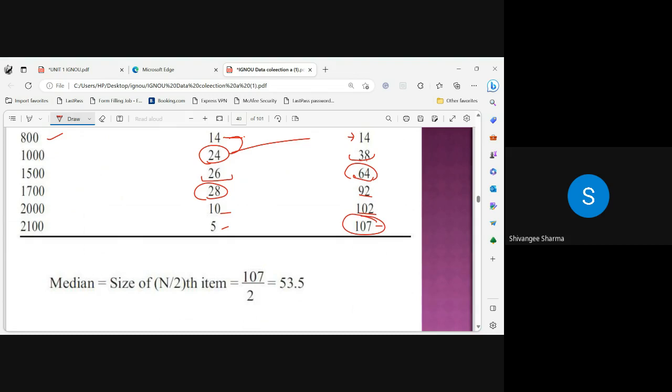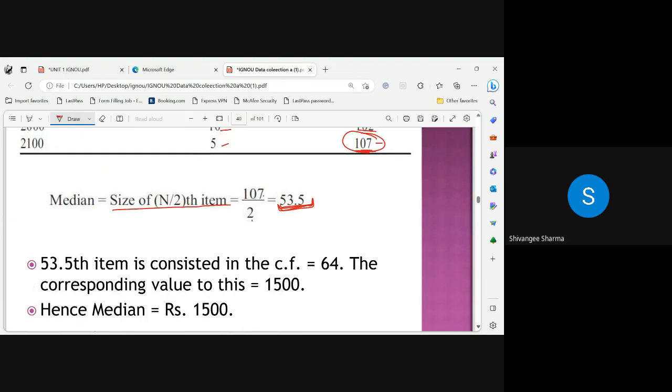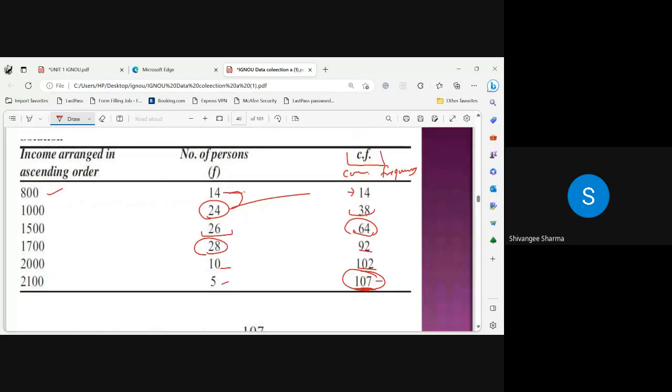Now you have to identify the median, which is the size of the n by 2th item. Here n is 107. You divide 107 by 2, which is 53.5. Now you locate the cumulative frequency where this 53.5 will come. So here it is 14, then we have 38, then we have 64.